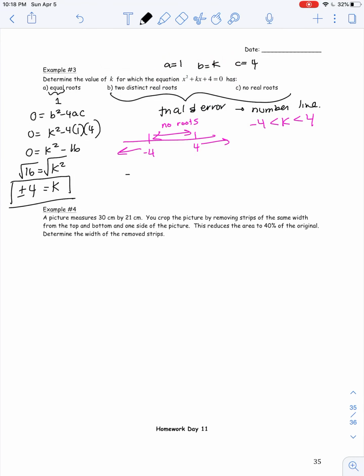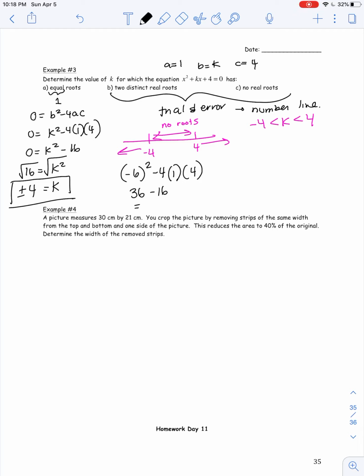What I'm going to do is I'm going to pick a value less than -4, for example, -6. I'm going to use that for my k value, so that's my b value, squared minus 4a, which is 1, and c, which is 4.